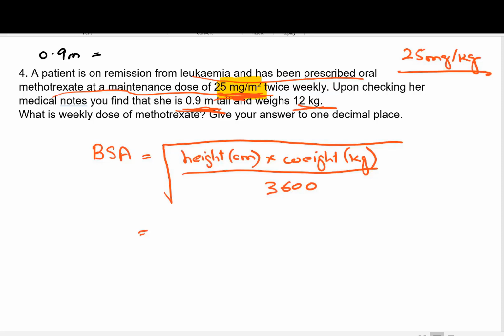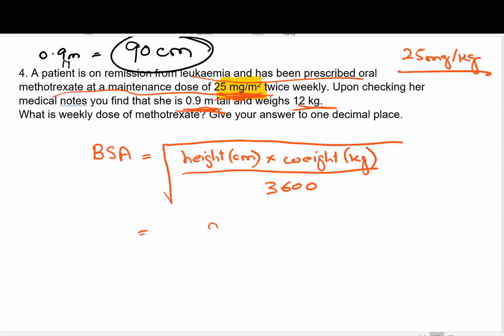Here 2 places, because 1 meter has 100 centimeter, and 100 has 2 zeros. So the decimal will move towards the right by 2 places. So 1, 2, and this will be 90 centimeter.